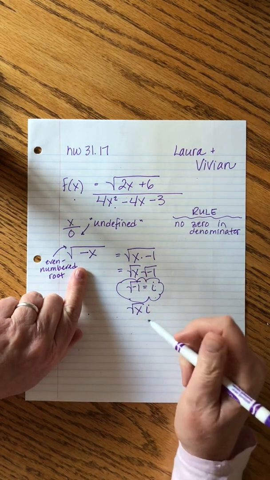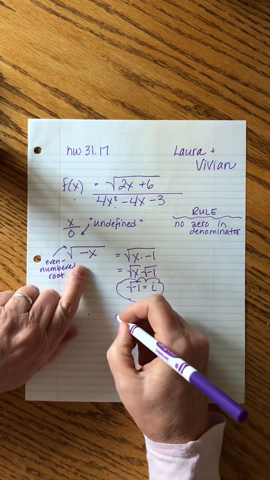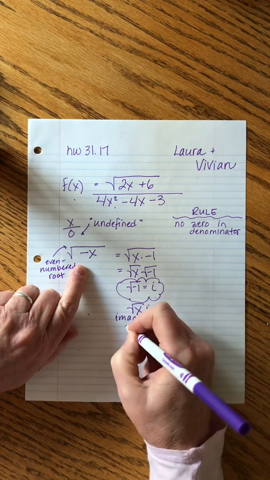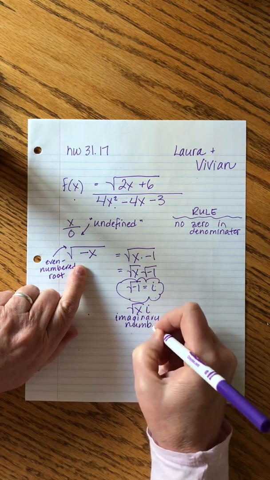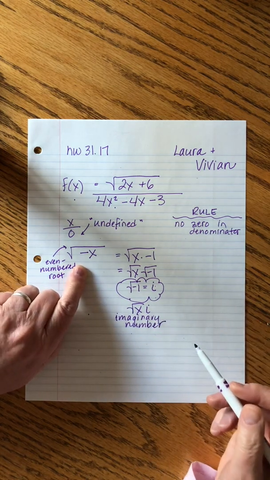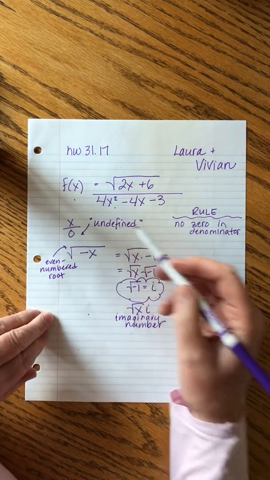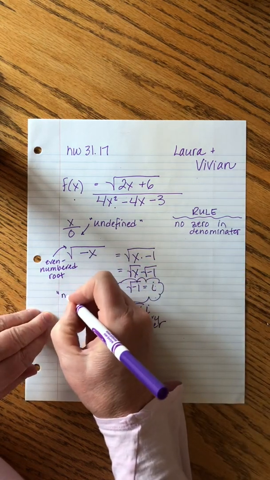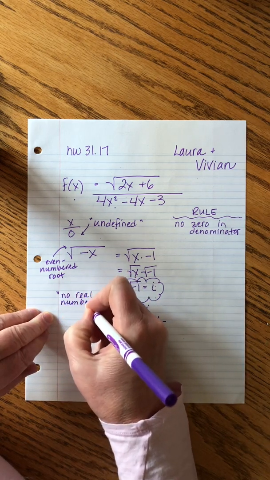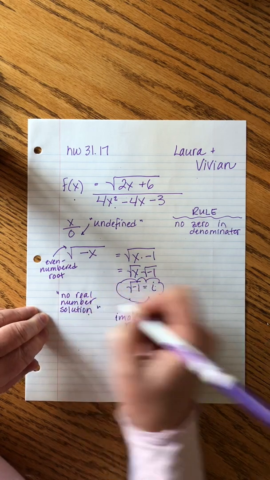And that's the way we've learned to deal with the situation. But in order to do that, we've had to create what we call an imaginary number, and that takes us out beyond the realm of real numbers. So when we have something like this, we've learned to say no real number solution. That's the real way to resolve this.